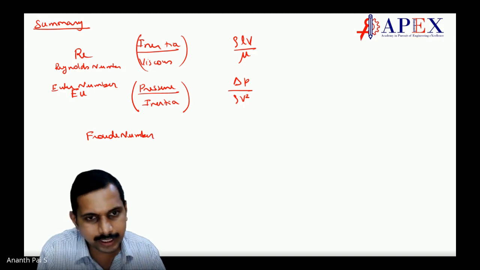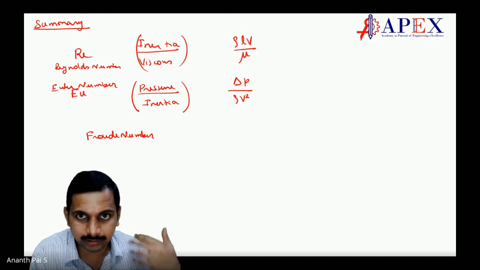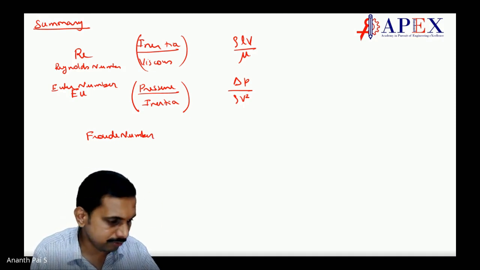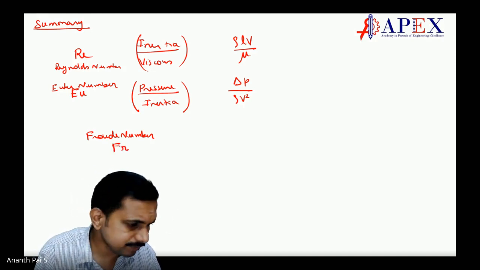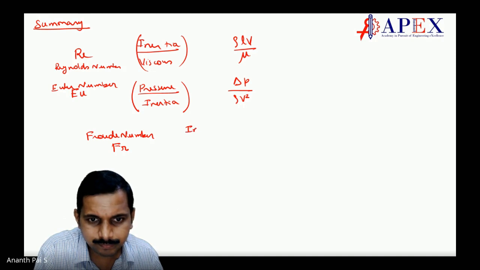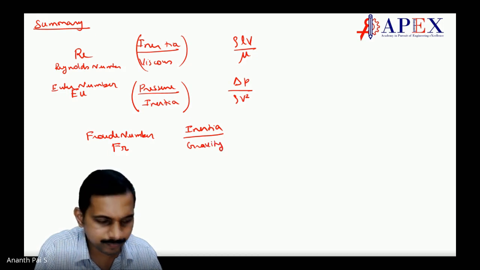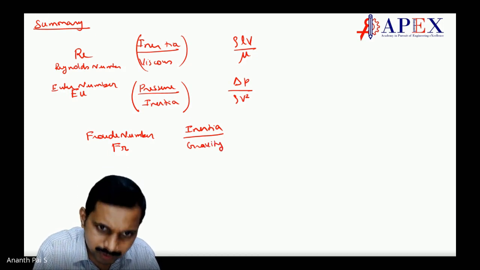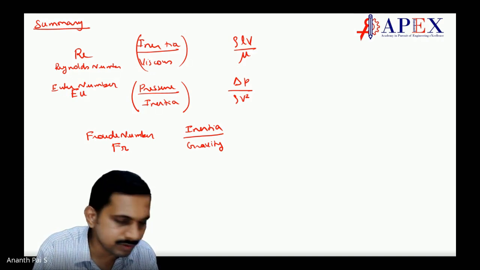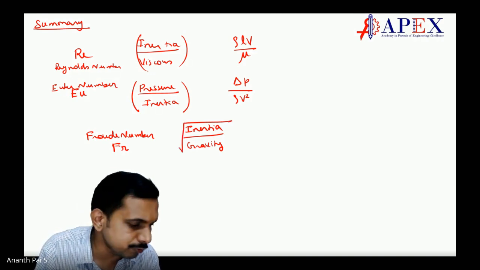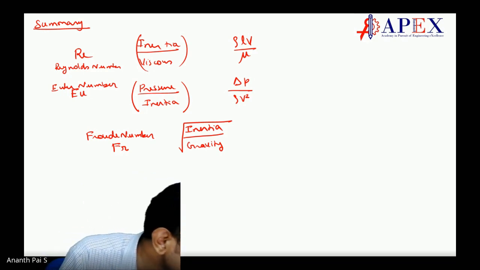Then we will consider others. In heat transfer we have Prandtl, Grashof, a lot of things. Froude number, Fr, is inertia by gravity, the square root of that. It is important that we put the square root there, otherwise you will not get it. Square root of inertia force by gravity force. If you don't do the square root, you're gone.